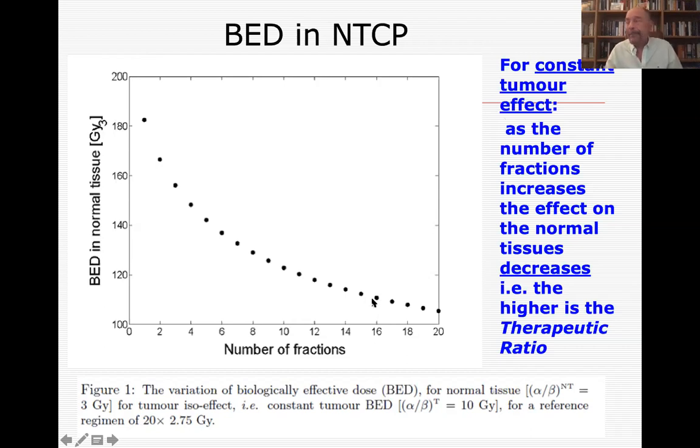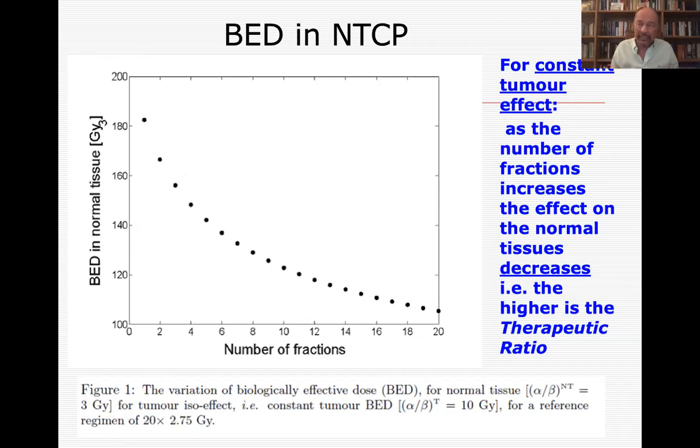So apparently, this plot is strongly against hypofractionation, because you see, if you increase the number of fractions at the same TCP, you have a lower BED, which means that you have a lower toxicity. And then you say, okay, perfect. Let's say I increase the number of fractions, so I widen the therapeutic window.